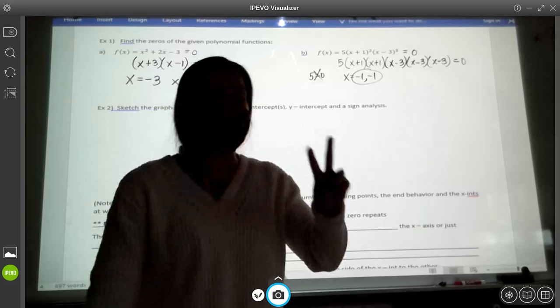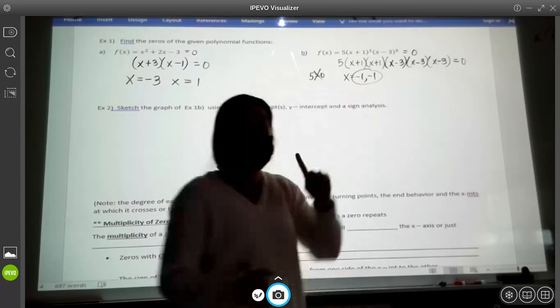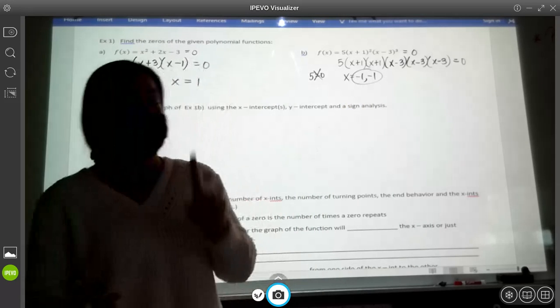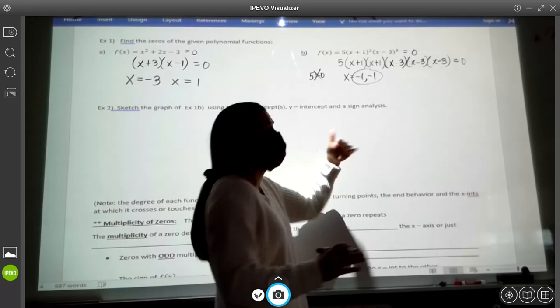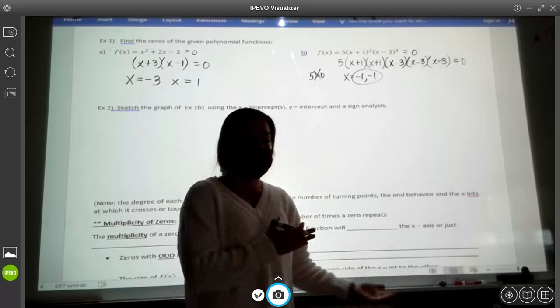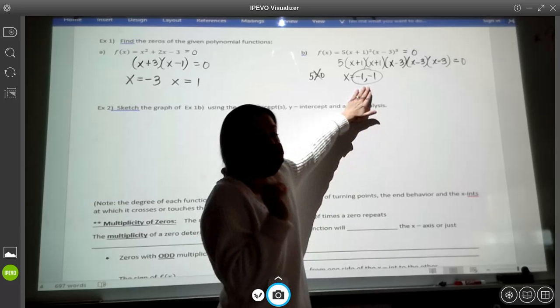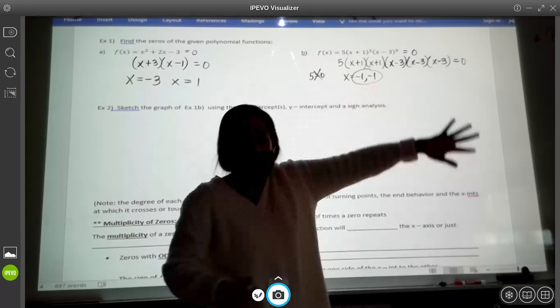It's repeated twice. So that means it has even multiplicity, which we saw on the graph means it'll just touch the x-axis at even multiplicity, but it doesn't actually cross over the x-axis. So they're going to ask you to recognize the x-intercepts where it'll cross over or where it will just touch. When it's repeated an even number of times, that means it's just going to touch the x-axis at that x-intercept, but not cross over.